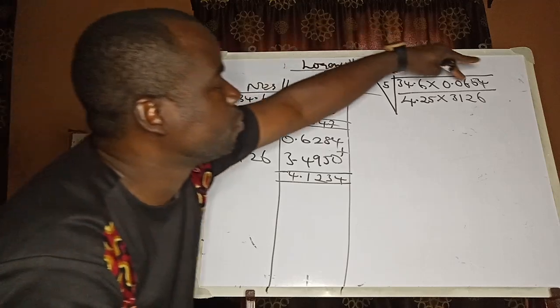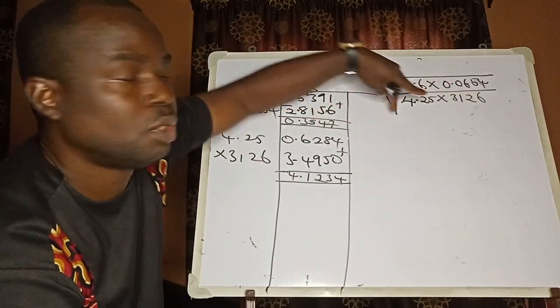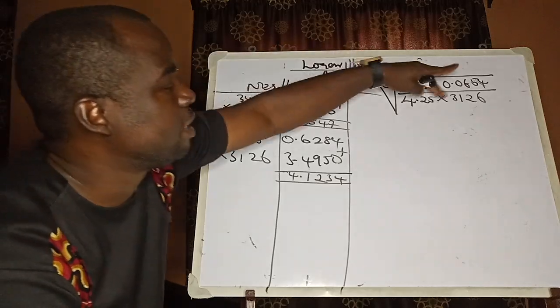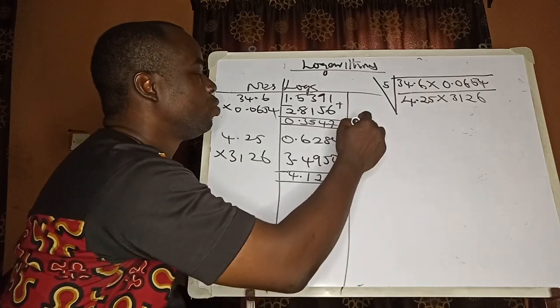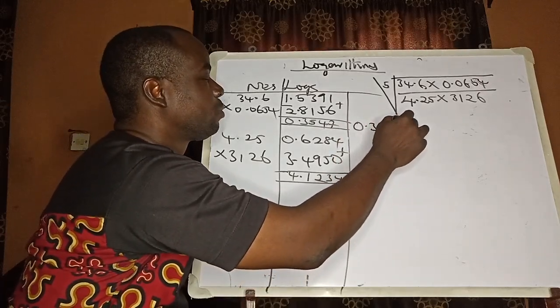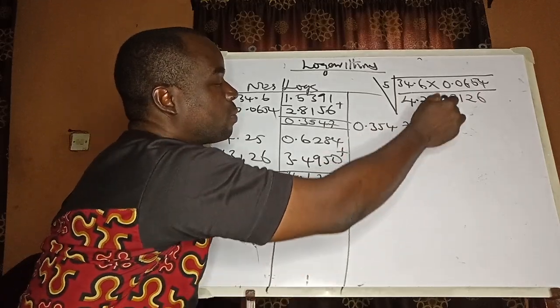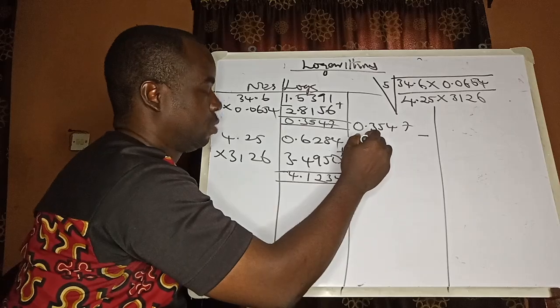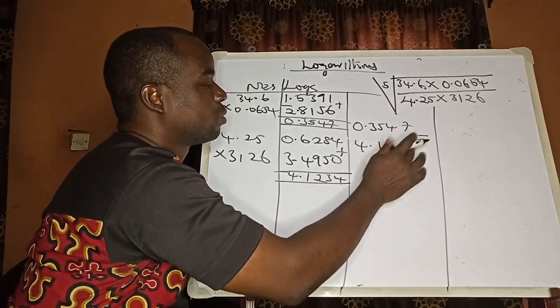So we're going to now do the answer here divided by the answer here. The answer here is this one. The answer here is this one. So we'll bring them out here and divide. So we're going to do 0.3547. Division means minus. Minus 4.1234.